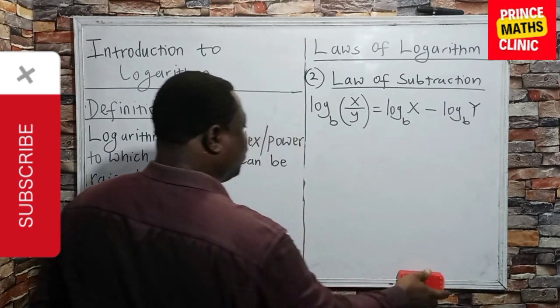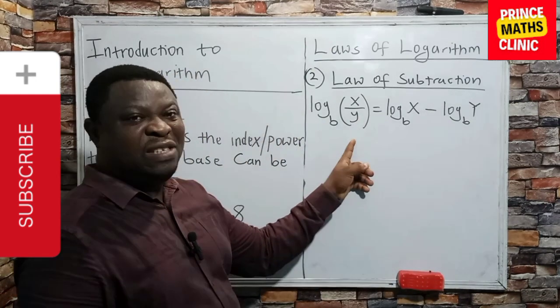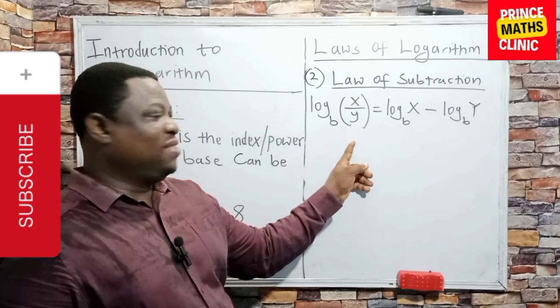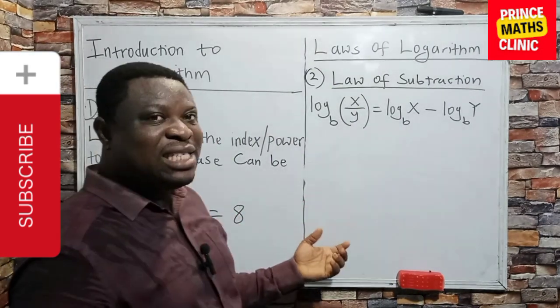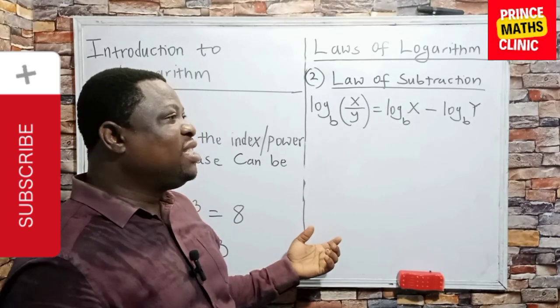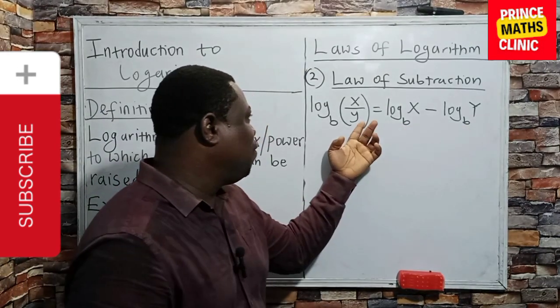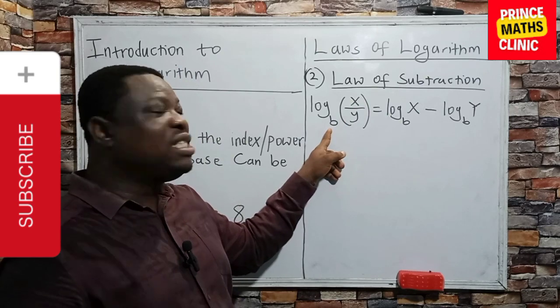When you have two logs that are being divided, you simply subtract the second log from the first as long as the bases are the same.